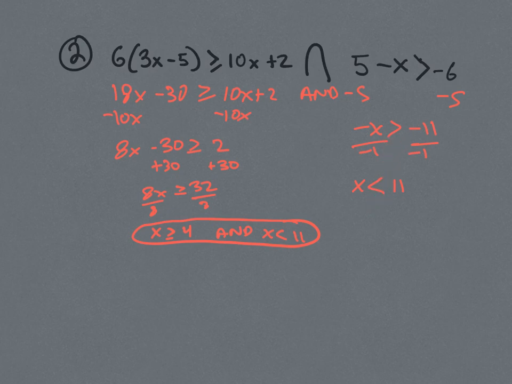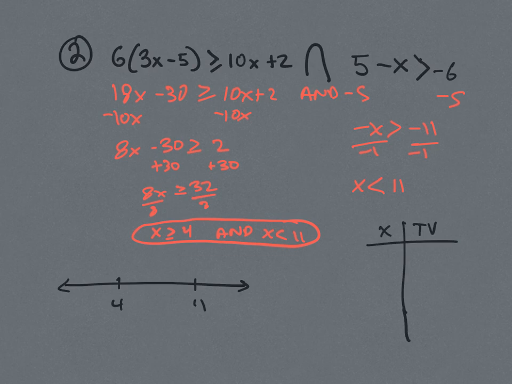Now I need a truth table and a number line. So the number line goes out, and my two key numbers are 4 and 11. On my truth table, I've got my 3 sections: the left, the middle, and the right.